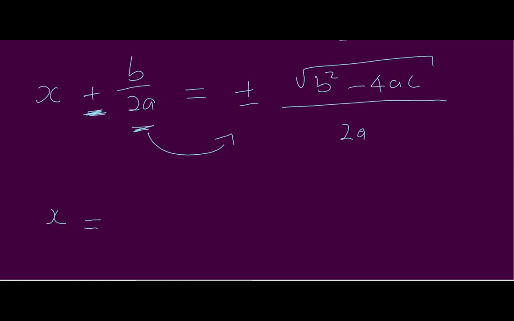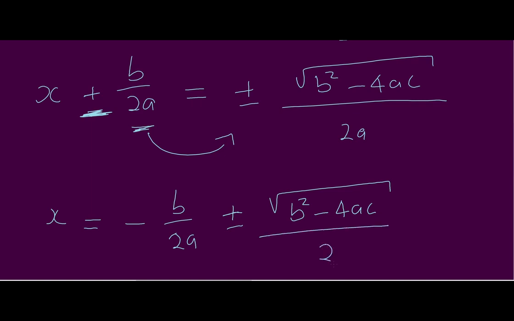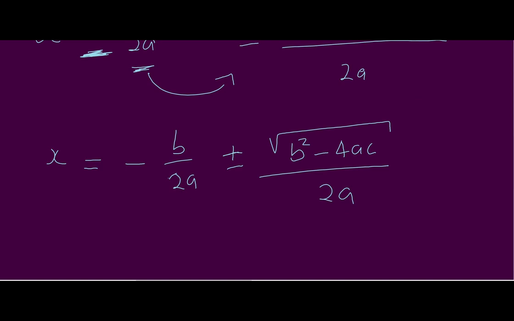So this positive is going to be minus. So it's going to be minus b over 2a plus minus the square root of b squared minus 4ac, divided by 2a.